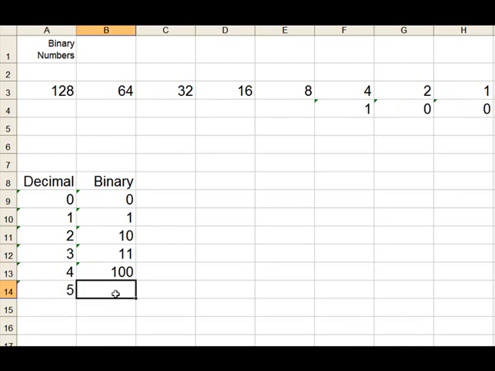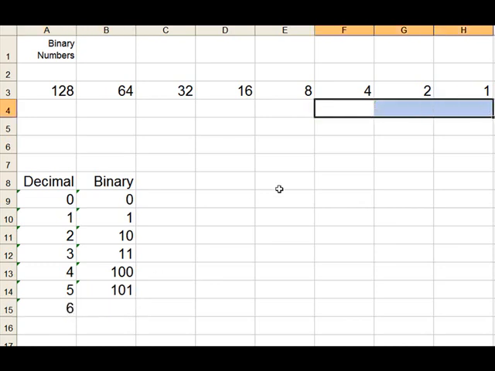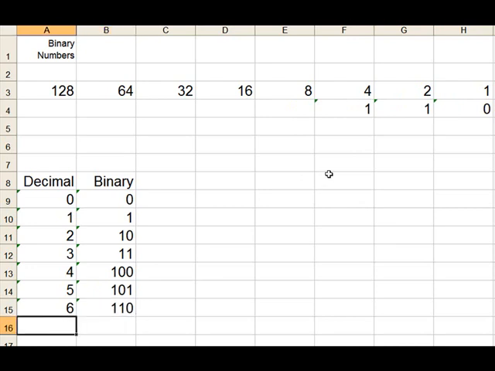The number 5 in binary, are you getting the hang of this? A 4, no 2's, and a 1. So we have 1, 0, 1. Here's 6. A 4 and a 2. No 1's. 1, 1, 0. A 7.